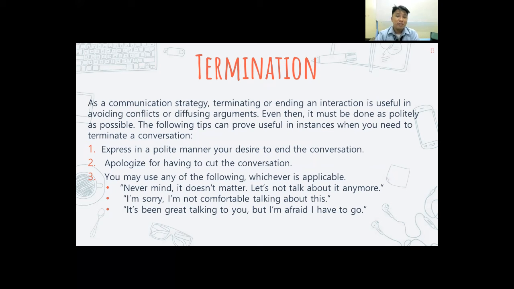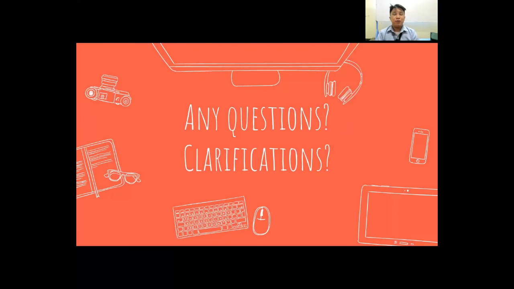Okay? So it depends. Do you have any questions so far? Clarifications as well? If you have any questions or clarifications that you have thought about later on, you can just DM me. DM means direct message. You can just send me a DM or a PM on Facebook Messenger.